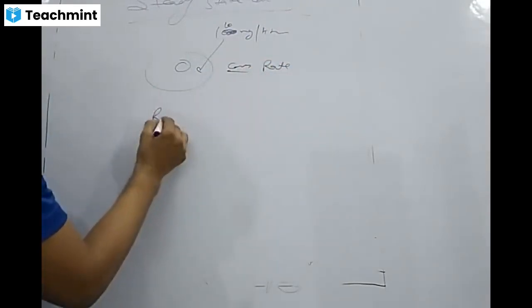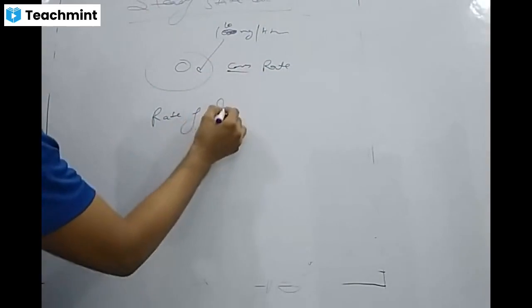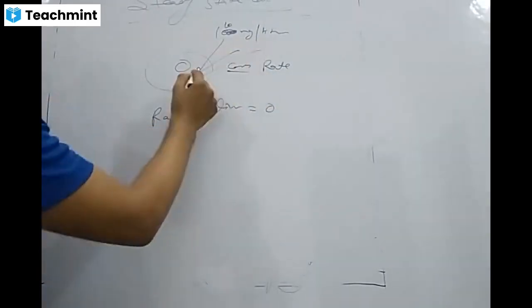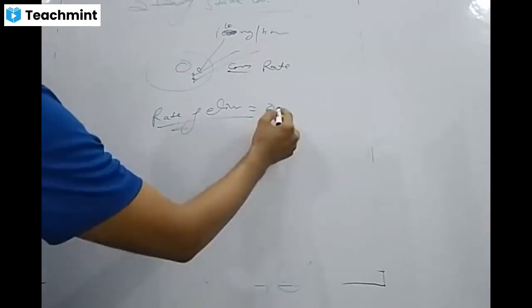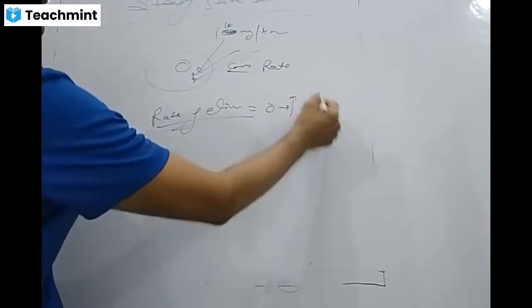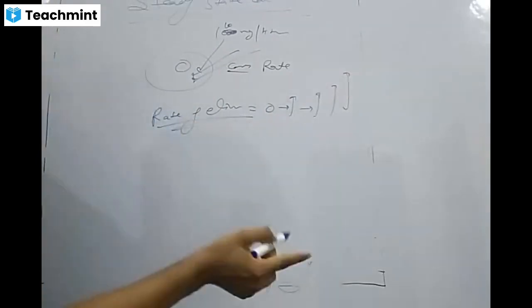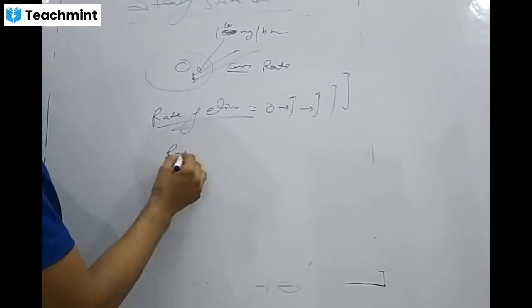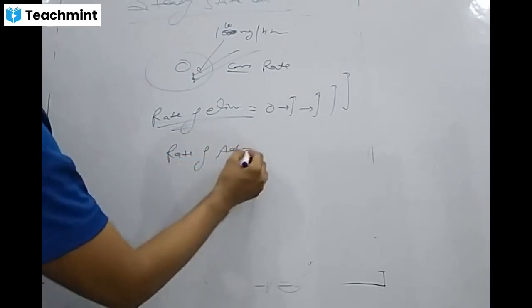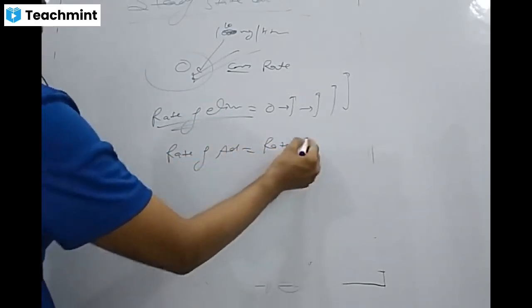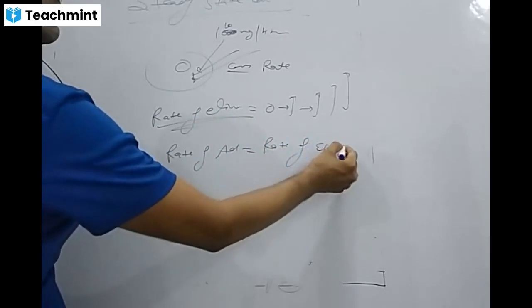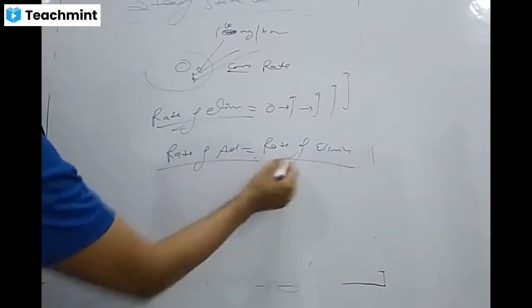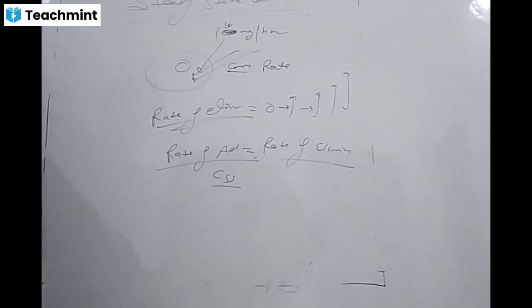Initially, the rate of elimination was 0. As we keep on administering, the rate of elimination starts increasing from 0. One time will come when the rate of administration will become equal to the rate of elimination. This state is known as steady state.